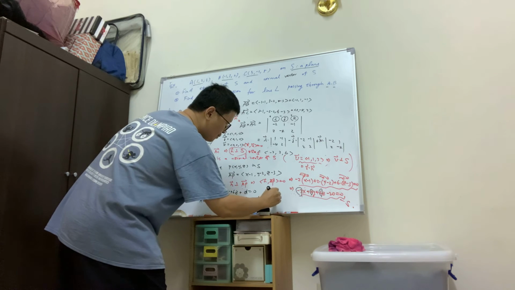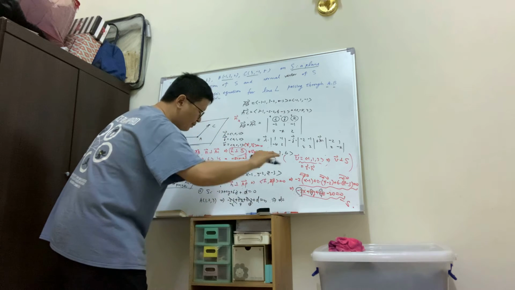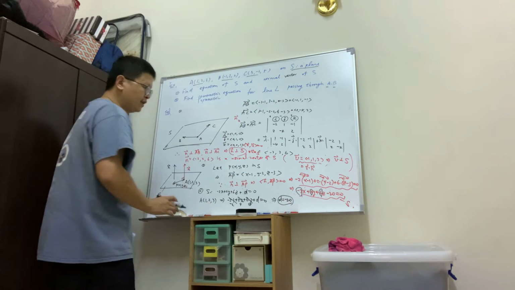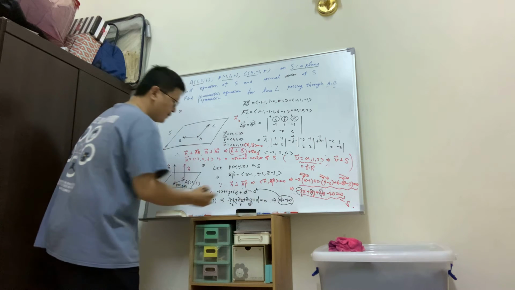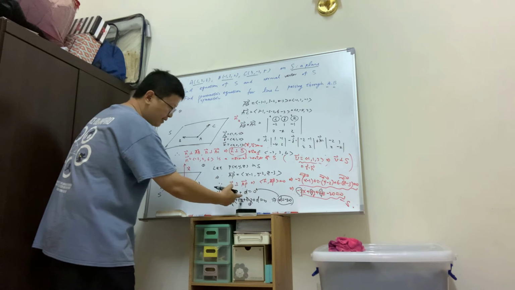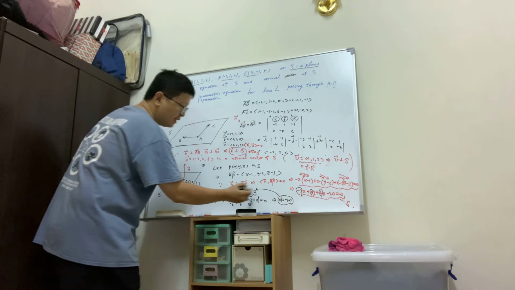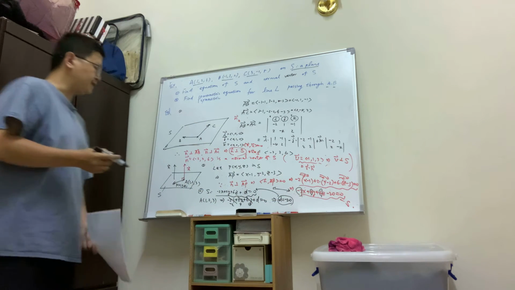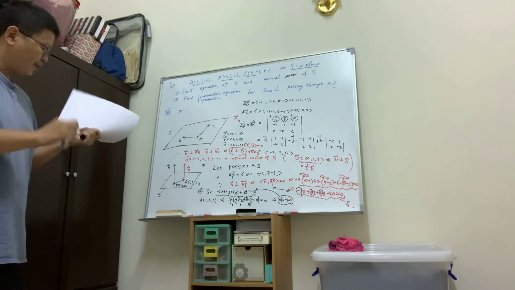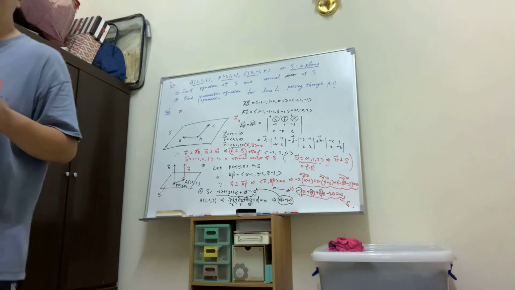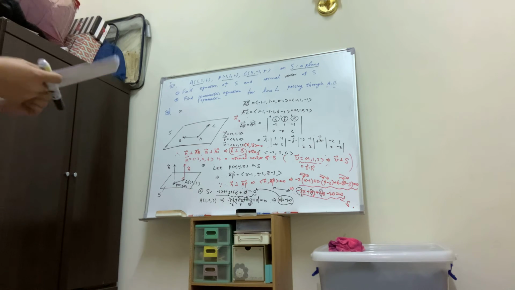So d equals 20, or moving it to the right hand side, negative 20. Once you plug it in, it's exactly this equation. So it's the second way to solve it.